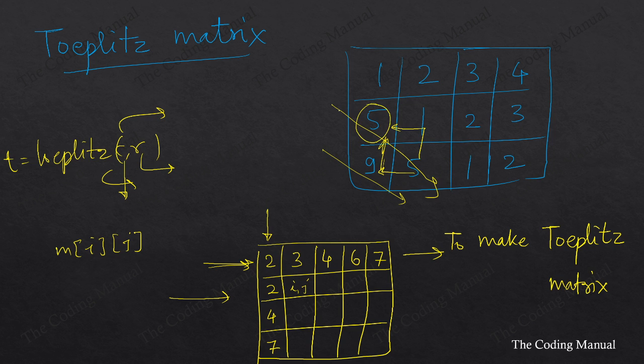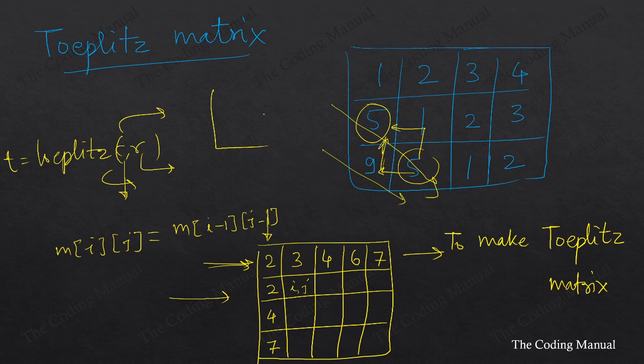So this particular element matrix of ij becomes matrix of i minus 1, j minus 1.